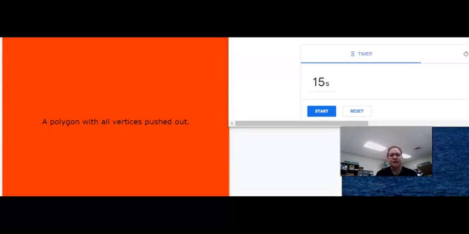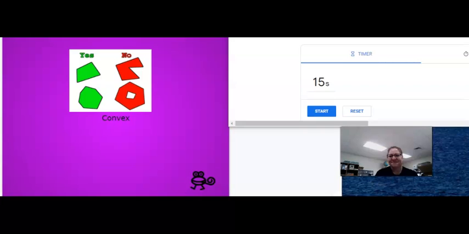A polygon with all vertices pushed out is called what? Convex. That's a funny word, isn't it?